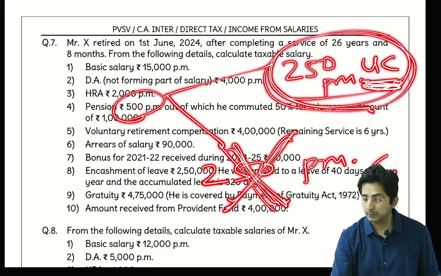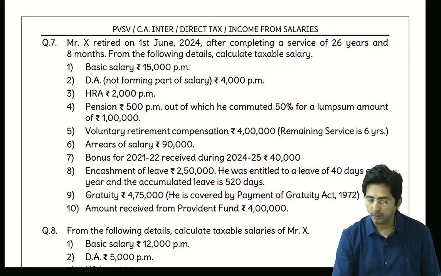So this per month you will multiply by how many months? Period after retirement. Be careful, you have to consider the period after retirement. Till 2 months he was working, so after retirement there were 10 months from 1st June. So 250 per month into 10 months comes to 2,500. This is uncommuted. And what about commuted?